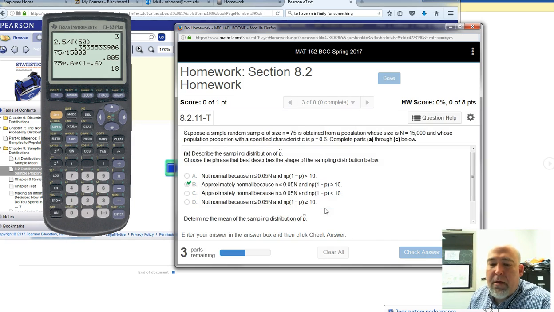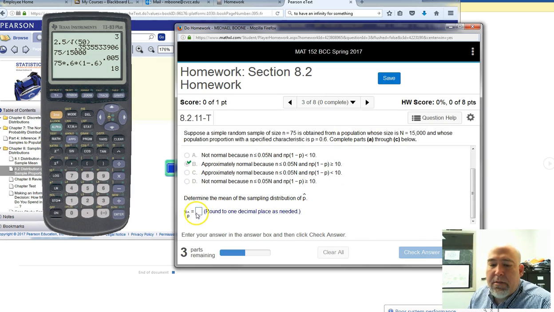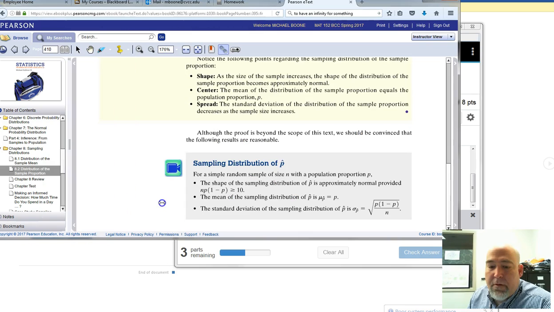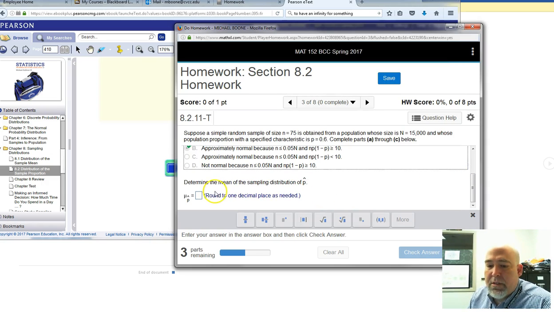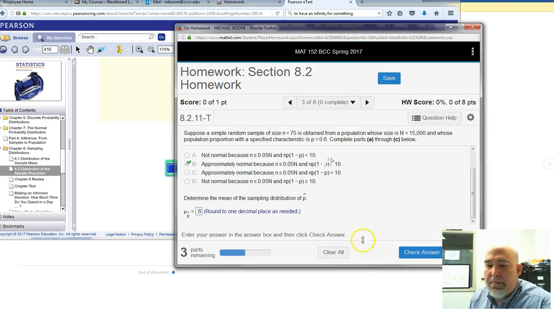Fantastic. And the next part, again, the definition says that the mean of p-hat is equal to the population proportion. So we can just say the mean of p-hat is 0.6. That's an easy one.